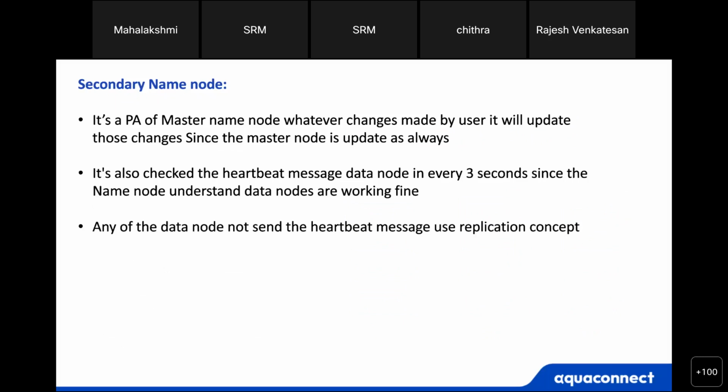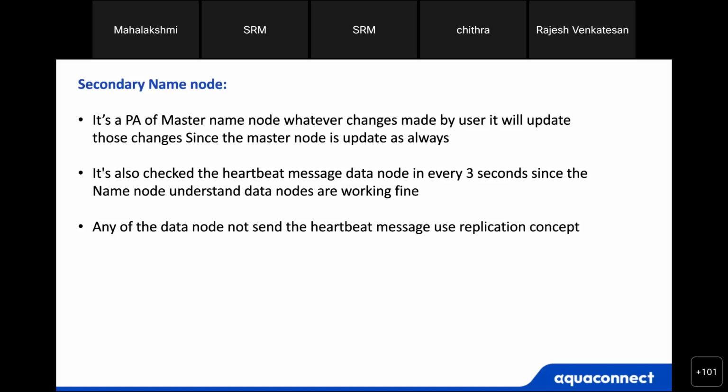The FS image and edit log are taken care of by the secondary name node, since the master name node is always busy handling its jobs and the data nodes. So the secondary name node helps the master name node. Whenever the user changes anything in the FS image or edit log, the secondary name node updates the metadata.